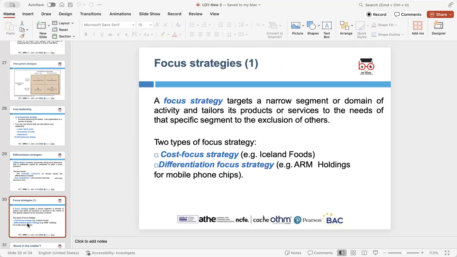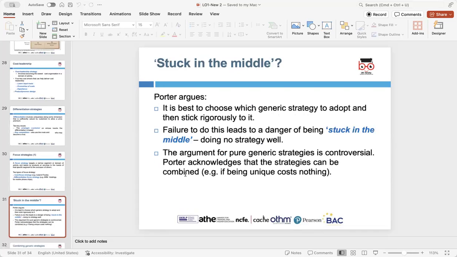Focus strategies. Focus strategies concentrate on serving a specific segment of the market more effectively than competitors who target a broad audience. There are two types of focus strategies: cost focus and differentiation focus strategies. Then stuck in the middle.